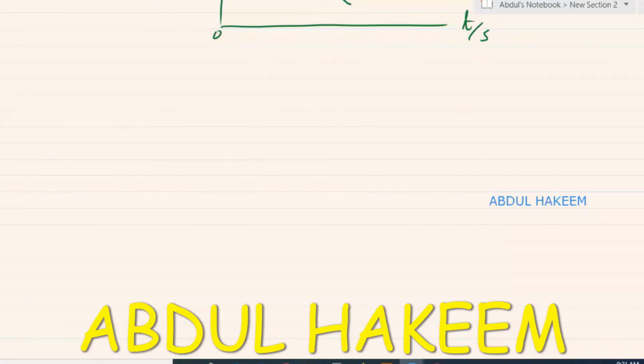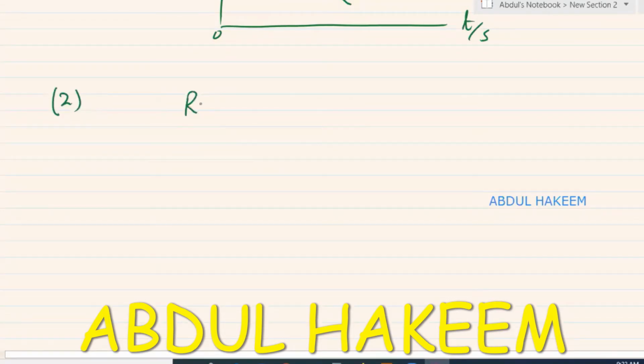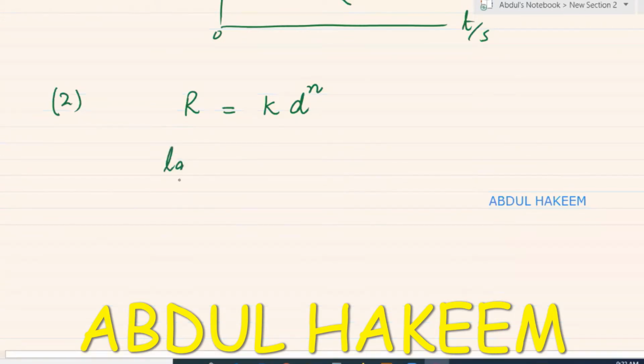Okay, now the second equation is the power equation, the index equation. For example, the question is R equals k d power n. So no exponential, it's a power equation. For this equation, we have to take log on both sides, not the ln.